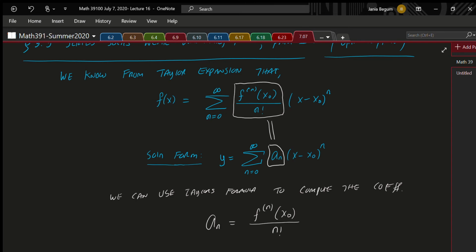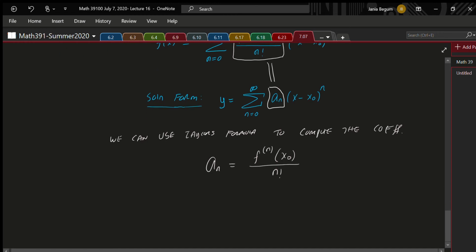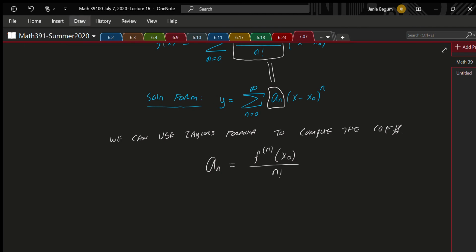So it's a really nice method. But the downside of this method is that it will never give you the recurrence relation. So if the question asks you for the recurrence relation, this is not useful. This is useful to get the solution, but not the recurrence relation. Okay, so just keep that in mind. So let me write that down for you as well.